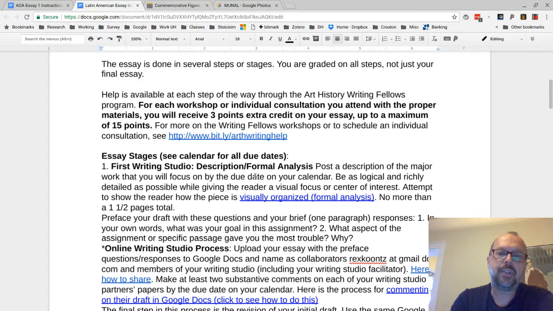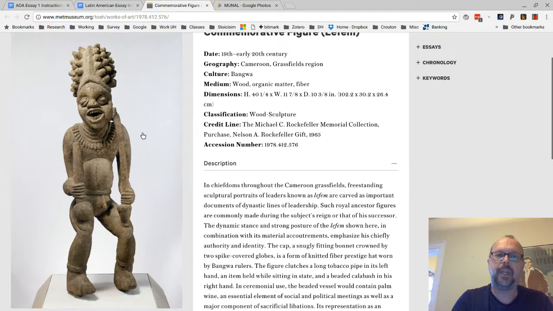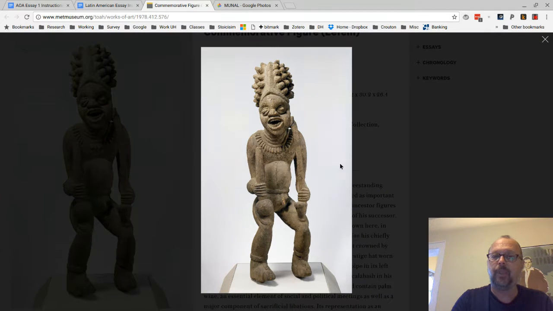And then there's a second part. So let's see. If we were looking at something like this incredible Lefebvre figure from the Metropolitan Museum, you would want to see the student starting with the headdress and moving down. That is probably the quickest and easiest way to get at this.